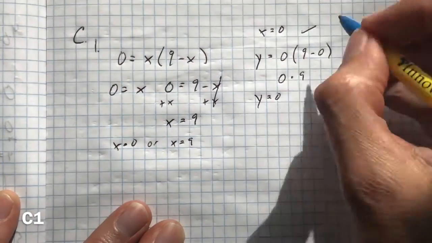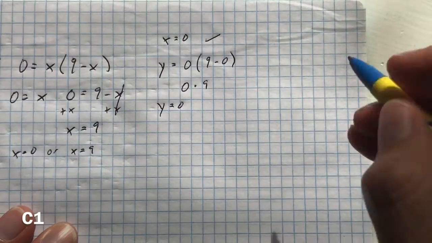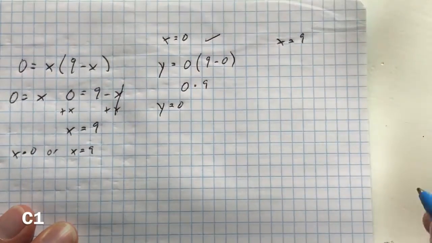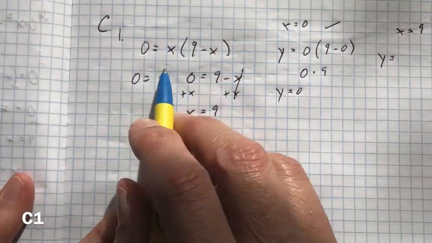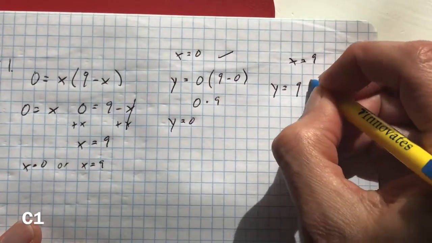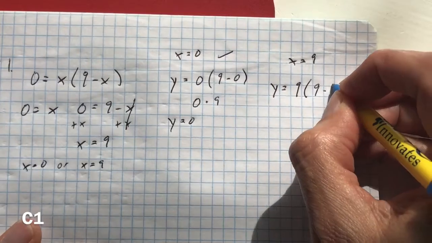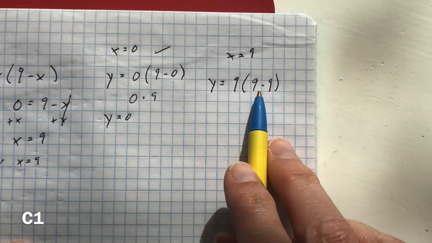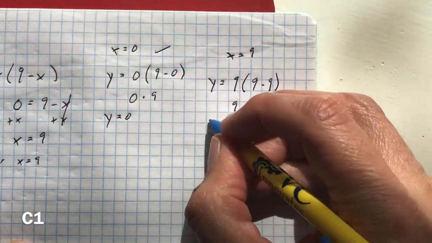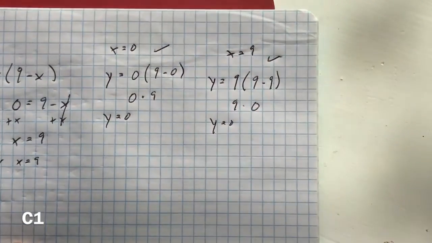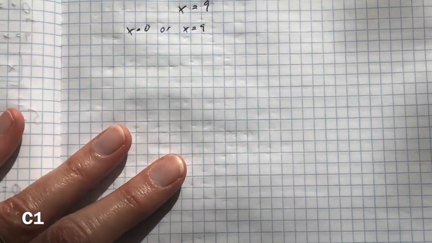So that one checks. Then over here, I do the exact same thing where x equals 9. So y equals, I'm going to plug it in for each of those x's: 9 times 9 minus 9. We do that work inside here first. 9 minus 9 would be 0. 9 times that, y equals 0. So that checks as well. That's how we would find out that solving.